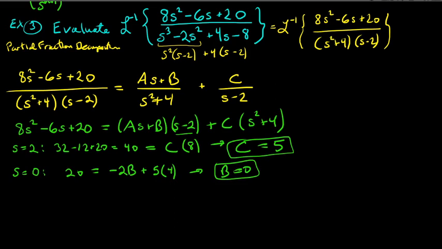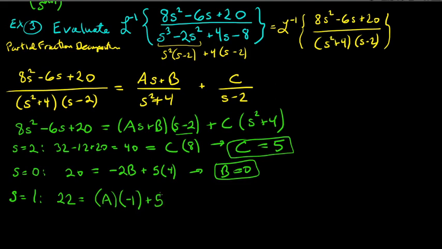And then we need to find A. So pick some other number for s. How about just 1? So we get 8 minus 6 is 2, 2 plus 20 is 22. And then we're going to get A plus B, but remember B is 0, and then 1 minus 2 is negative 1.